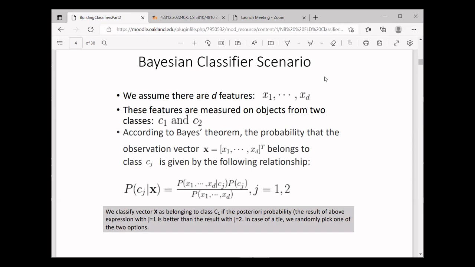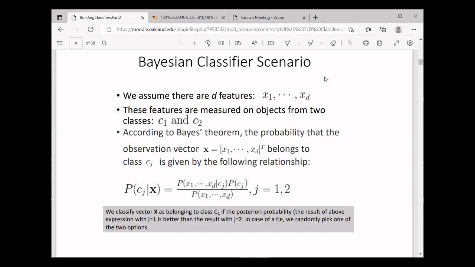All right. So basically, the formula allows you to calculate two numbers. Those are the two posteriori probabilities. And if you have to make a decision, obviously your decision is going to be in favor of C1 if the posteriori probability for C1 is more than the posteriori probability for C2.